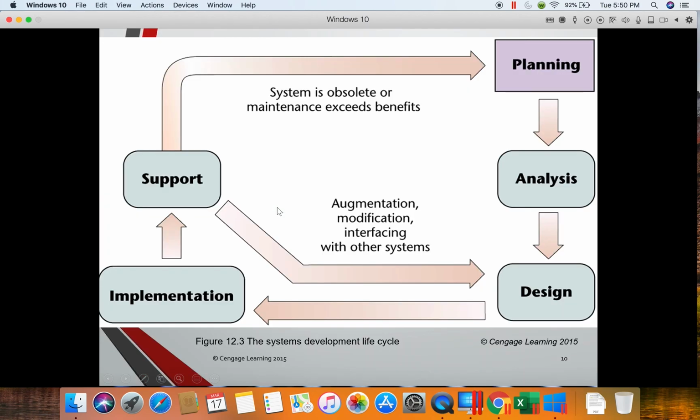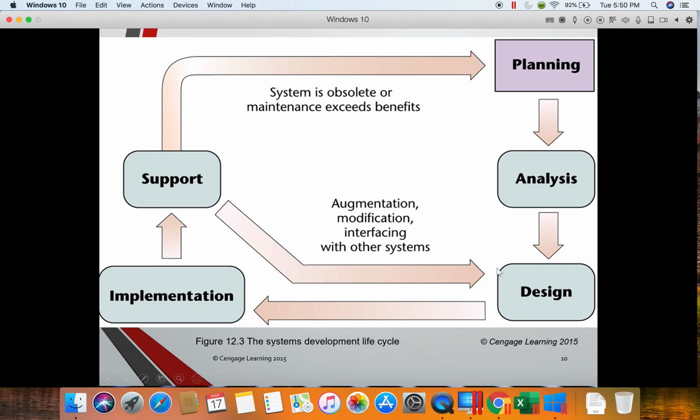This is another visual showing you that cycle. So we start with planning, then we move into analysis, design the system, implement it, support it. Sometimes during the support process, we find different changes that we need to make that are minor changes.